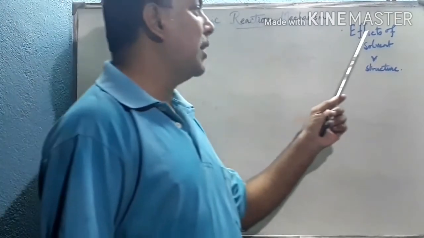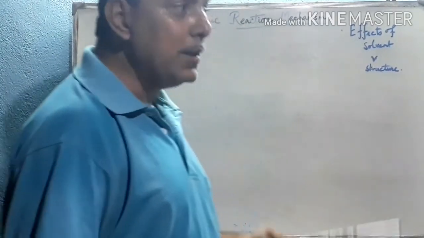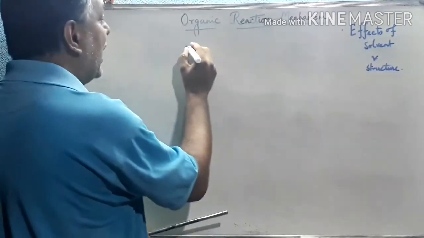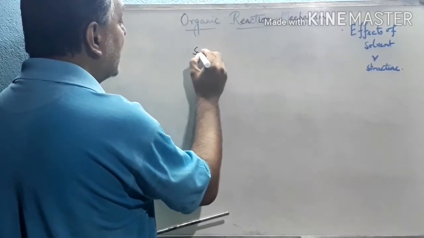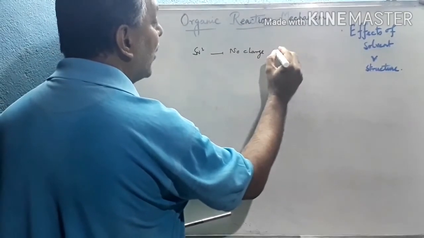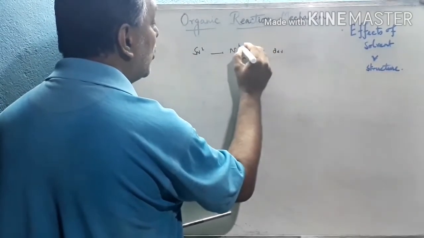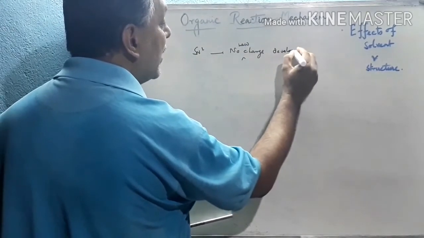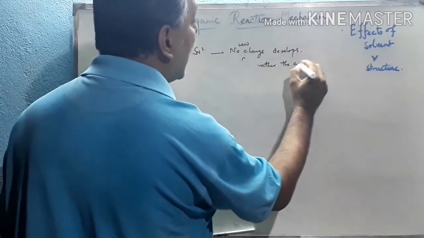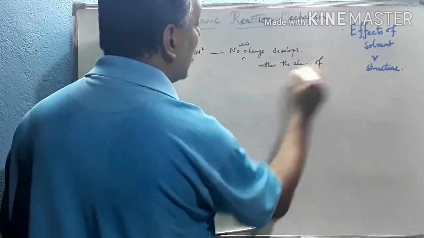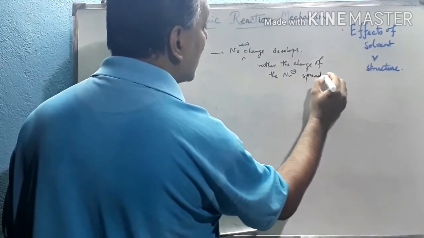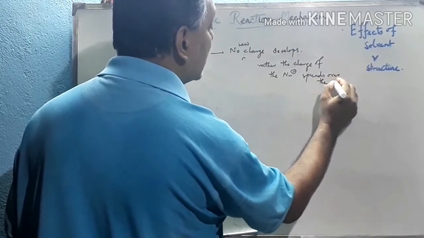Now I am discussing the effects of solvent and structure on the substitution nucleophilic reaction. Now what is the effect of solvent here? First see that in case of SN2 reaction, no new charge develops. Rather the charge of the nucleophile spreads over the transition state.